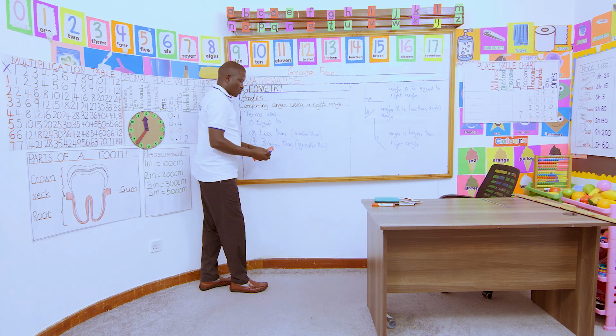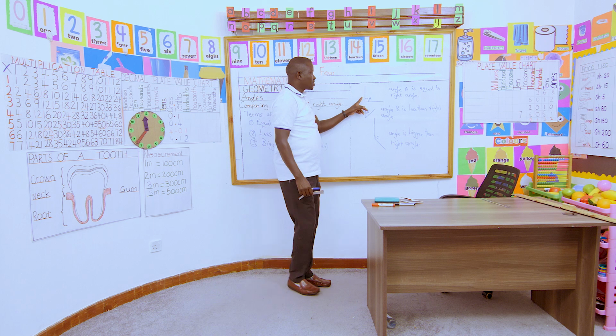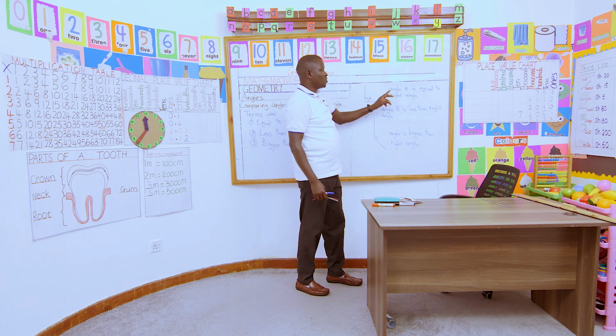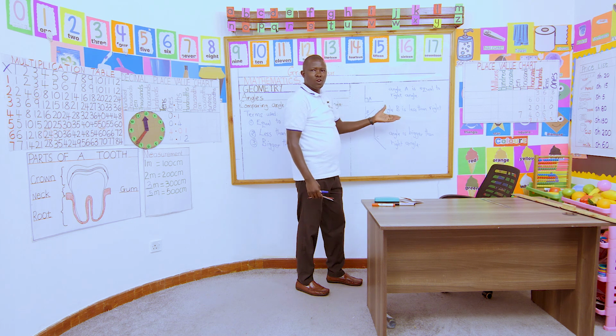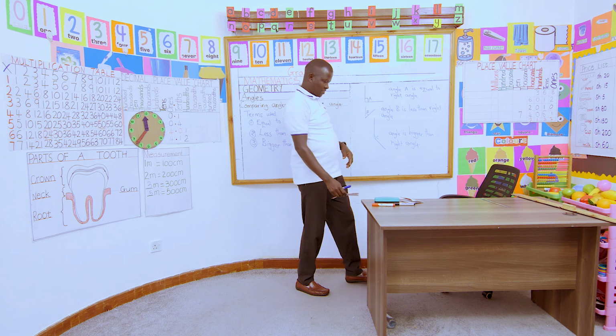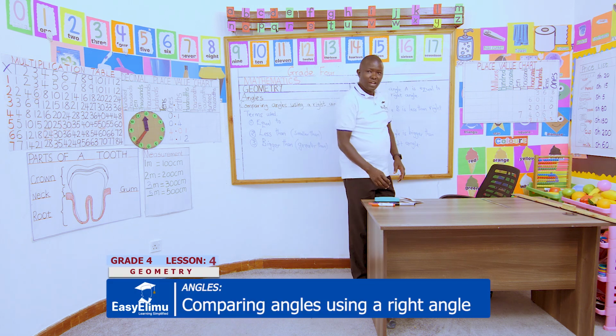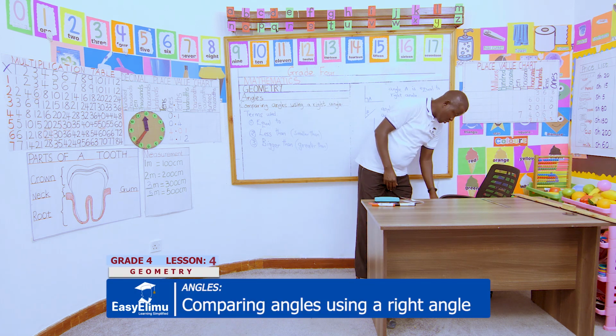We will use them to compare. So we say the first one, angle A is equal to right angle. Angle B is less than or smaller than right angle. Angle C is bigger than or greater than right angle. That is how we have identified those angles through comparison.